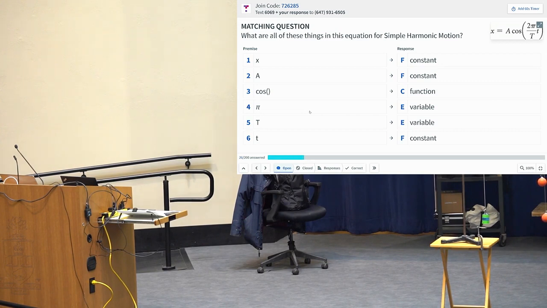So you might be able to grab these things on the right and shift them up and down so that they match. So then at least 3 of them are constants, 1 of them is a function, and 2 of them are variables.